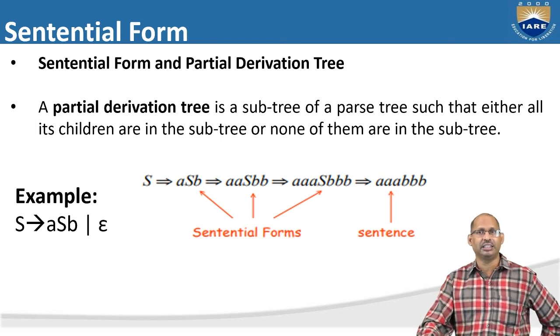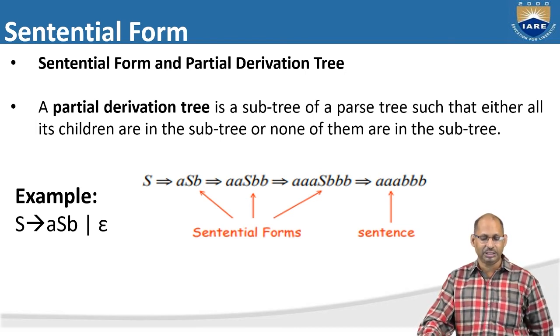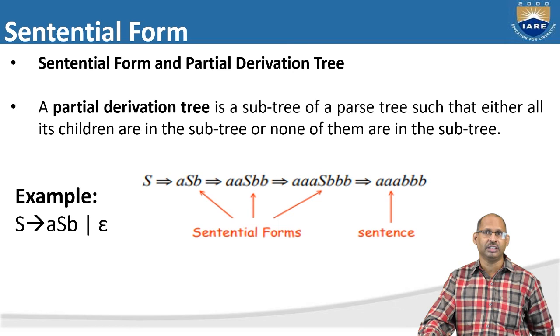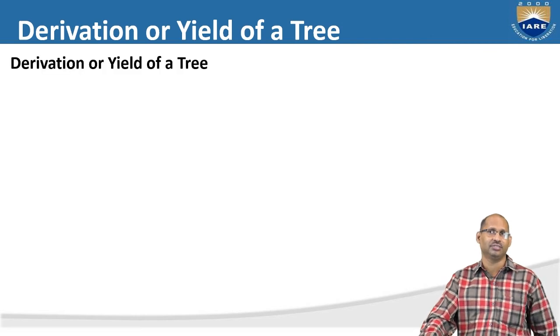So here is an example. S gives ASB or epsilon. So here we are deriving the sentence 3 A's followed by 3 B's. Deriving S equal to ASB, then applying the same production a second time, 2 A's S 2 B's, applying the same production a third time, 3 A's S 3 B's will result in the sentence 3 A's 3 B's.